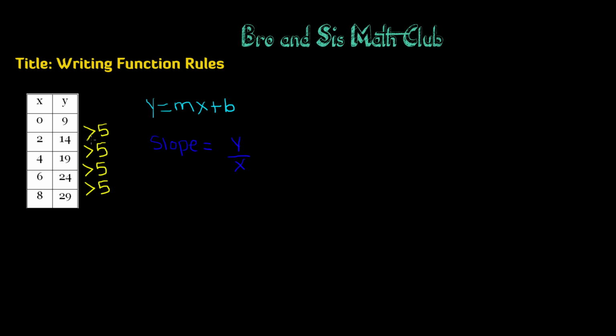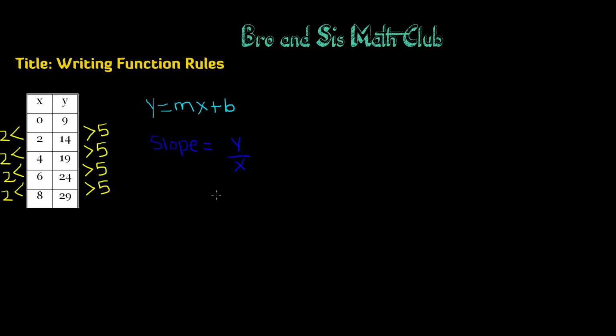So it goes from 9 to 14 to 19 to 24 and then to 29. In our x values, it increases by 2 each time. So as we can see, there is a constant rate of change, and so the slope is going to be the same, which is 5 over 2 or 5 halves.